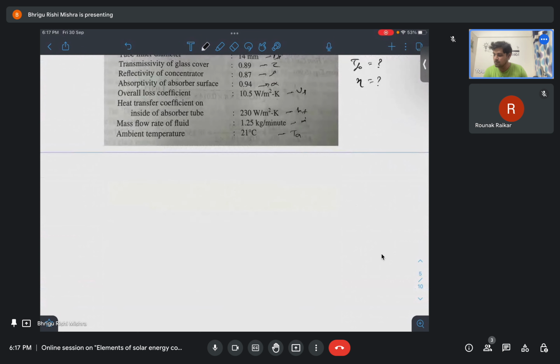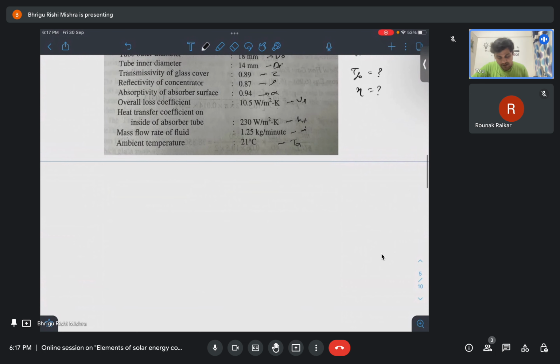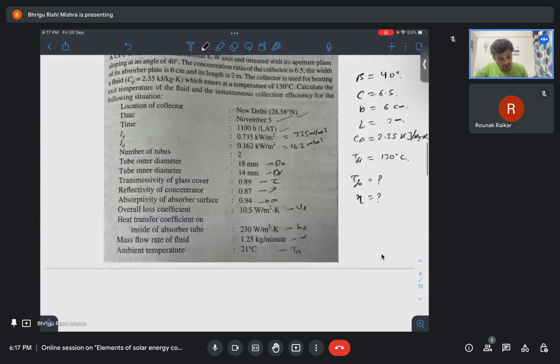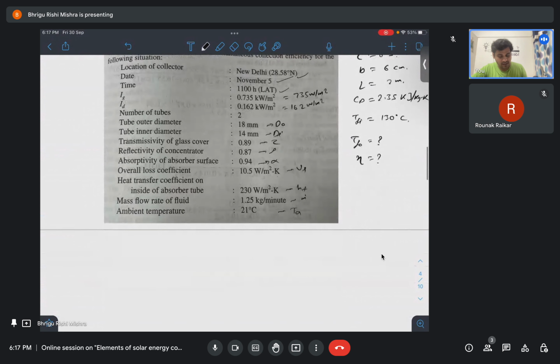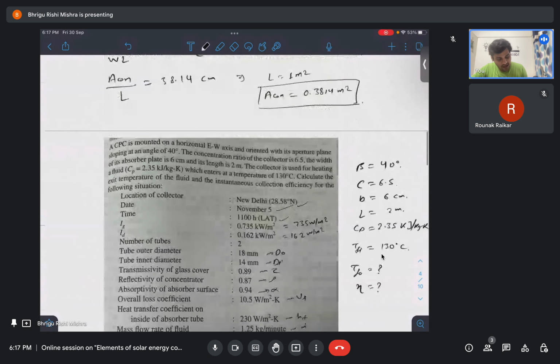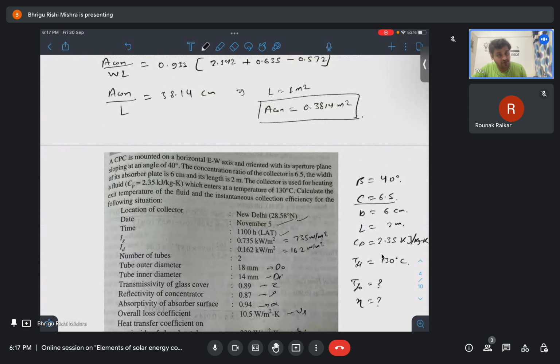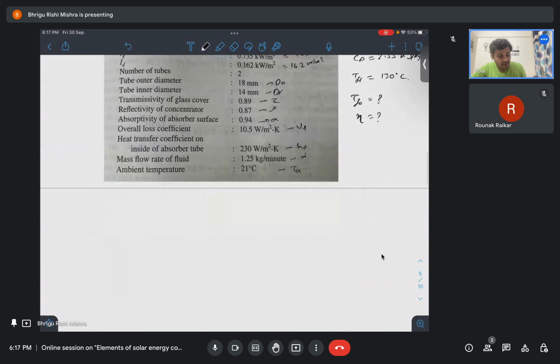So how should we proceed? First we need to calculate the geometry of the CPC. We have the concentration ratio here, so we can calculate the acceptance angle.